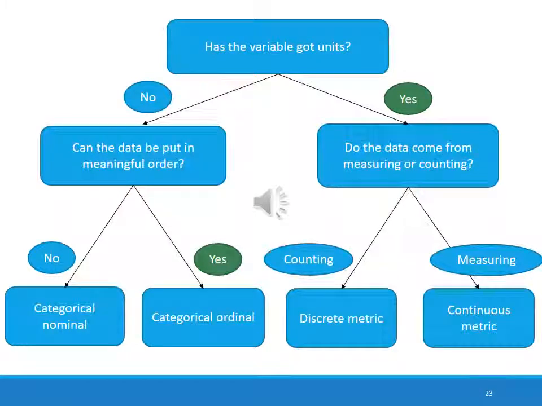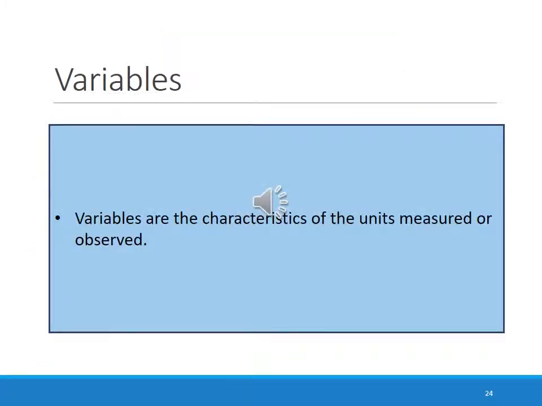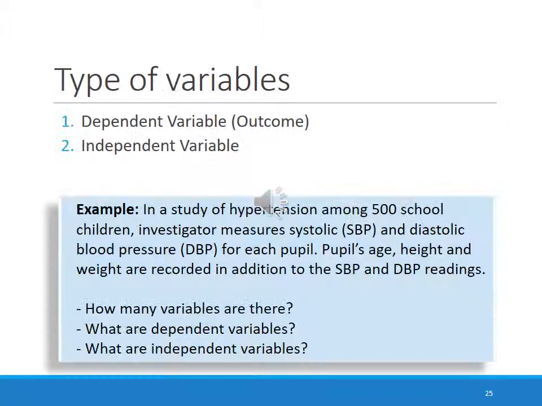Next is the variables. Variables are the characteristics of the units measured or observed. There are two types of variables.